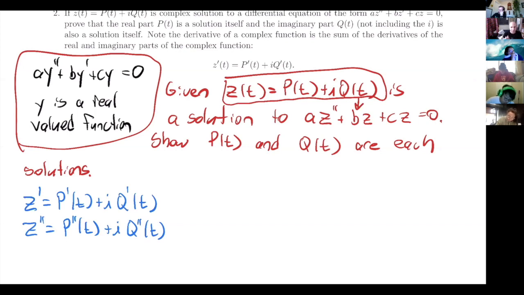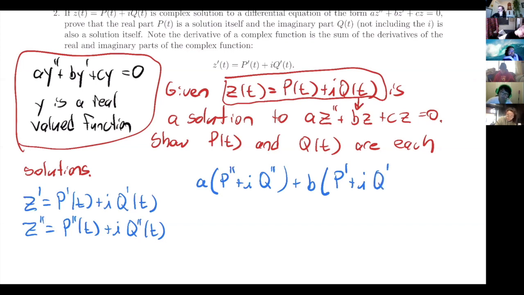And so we've got first and second derivatives, and now plugging these into the differential equation, we would get a times z double prime. So that's going to be p double prime plus i q double prime, plus b times p prime plus i times q prime, plus c times p plus i q.